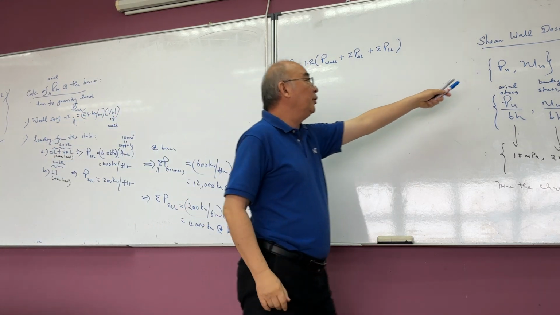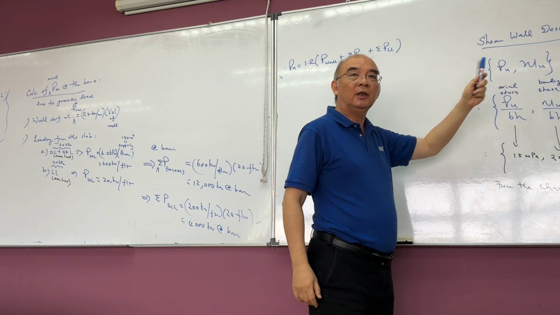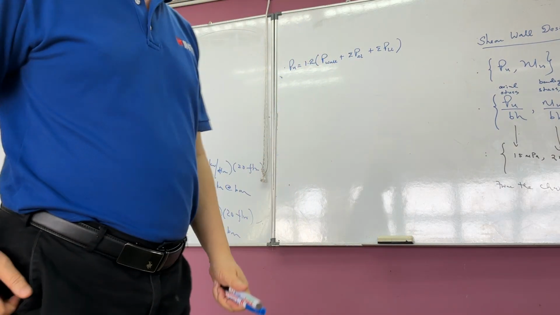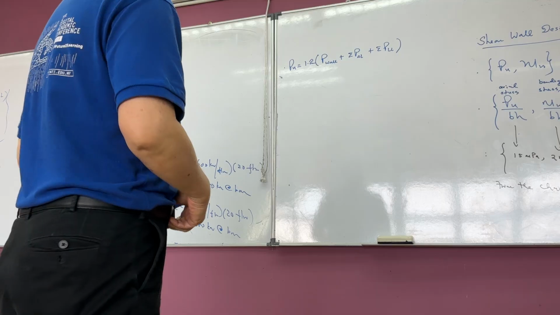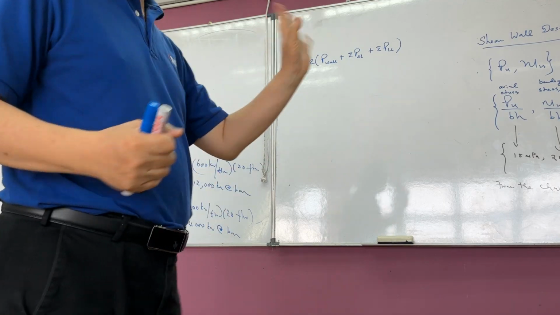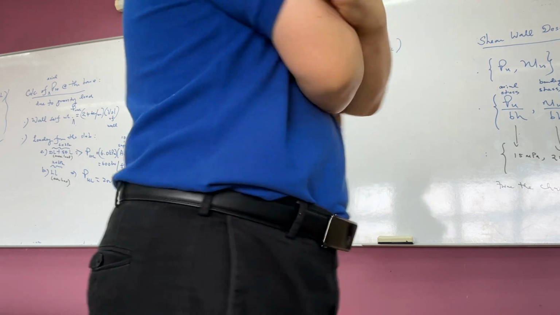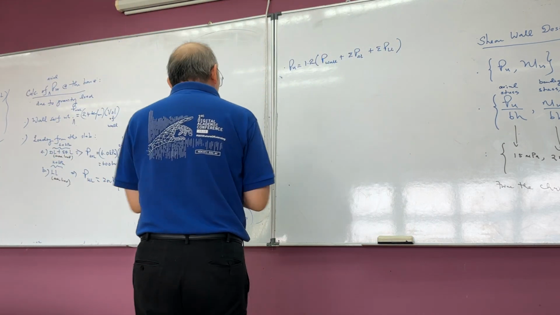Then you get the PU. Follow on. This one is a little bit easier.